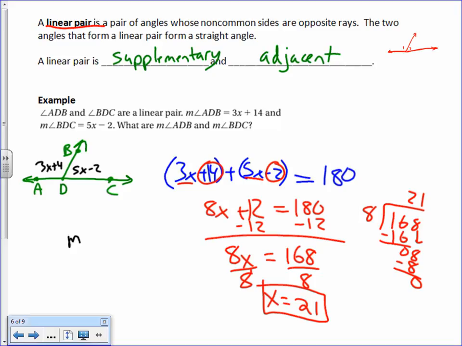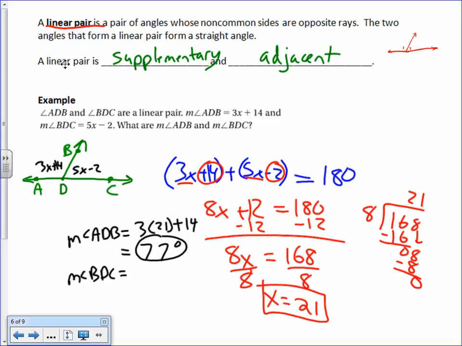But our question says, what are the measures of angle ADB and angle BDC? So let's go back. The measure of angle ADB equals 3x plus 14. So 3 times 21 plus 14. 21 times 3 is 63, plus 14 would be 77 degrees. Okay, there's one of them. Now the measure of angle BDC is 5x minus 2.